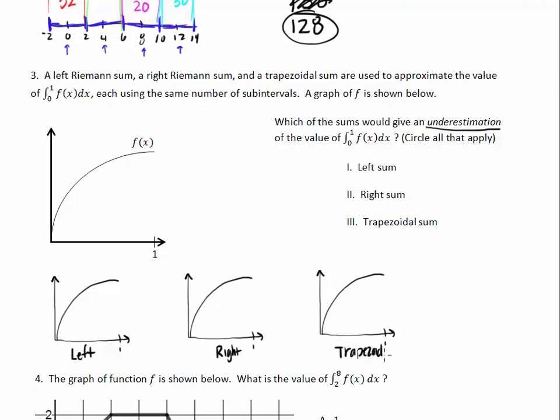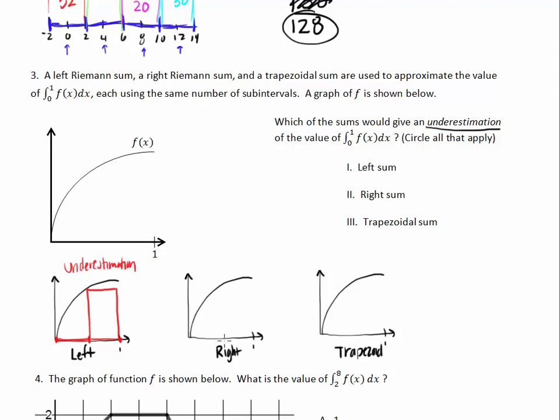And just to make things simple, let's just do 2 subintervals. So if I did 2 subintervals with a left-hand sum, here's the bottom of my rectangles. Let's start on this side. I'm going to use the left-hand side of this rectangle, and then the left side here is basically at the end, so it's going to be a thing of 0. So this is definitely going to be an underestimation.